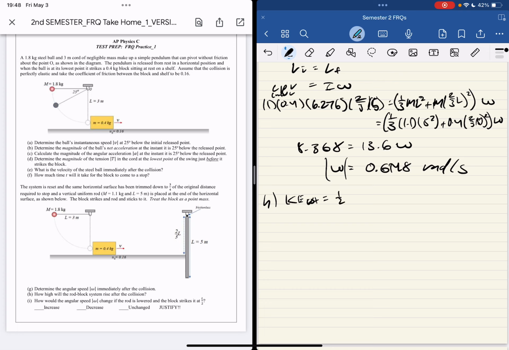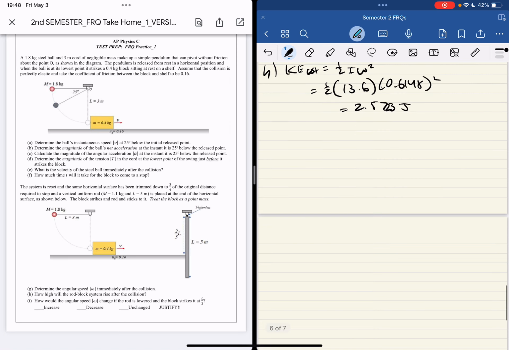So it's going to be 1/2 I omega squared, which is 1/2 times the I of the whole system that we found earlier to be 13.6, times omega squared, 0.6148 squared.